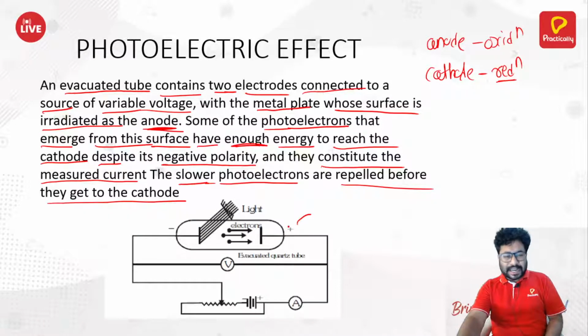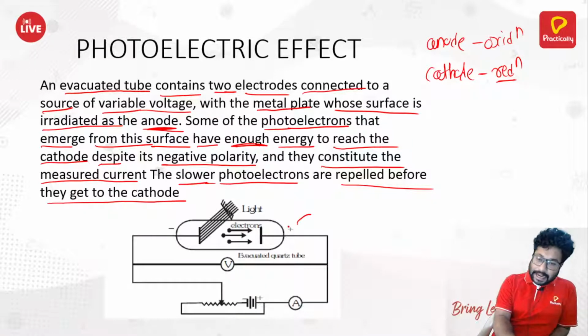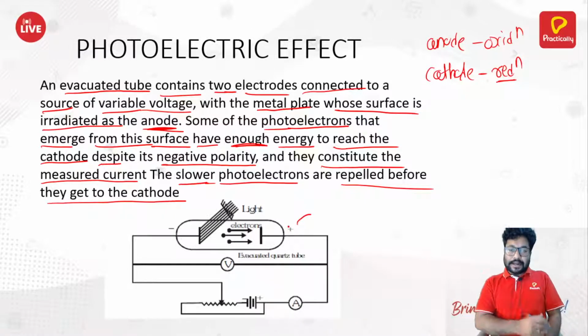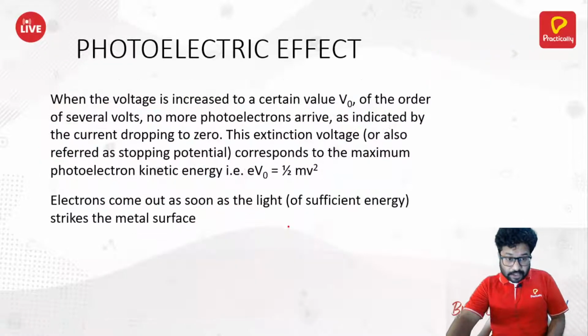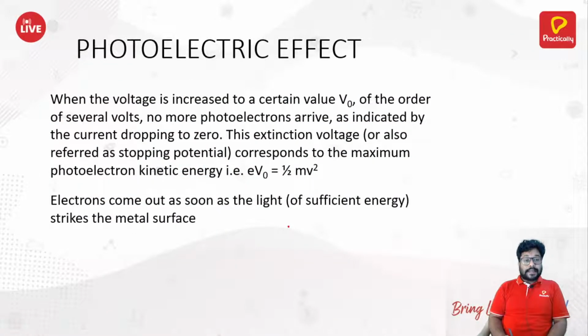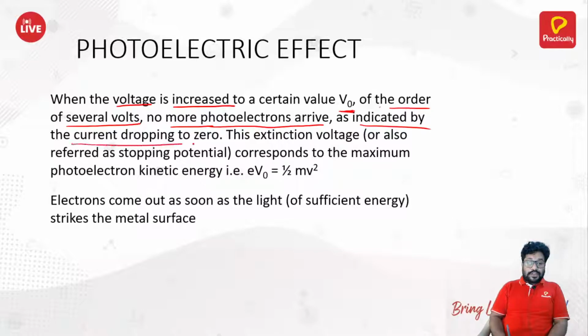But let's not get into more details because we don't need them. You only need to understand what the photoelectric effect is, and we will see some of its other factors. When the voltage is increased to a certain value V0, of the order of several volts, no more photoelectrons arrive, as indicated by the current dropping to 0.